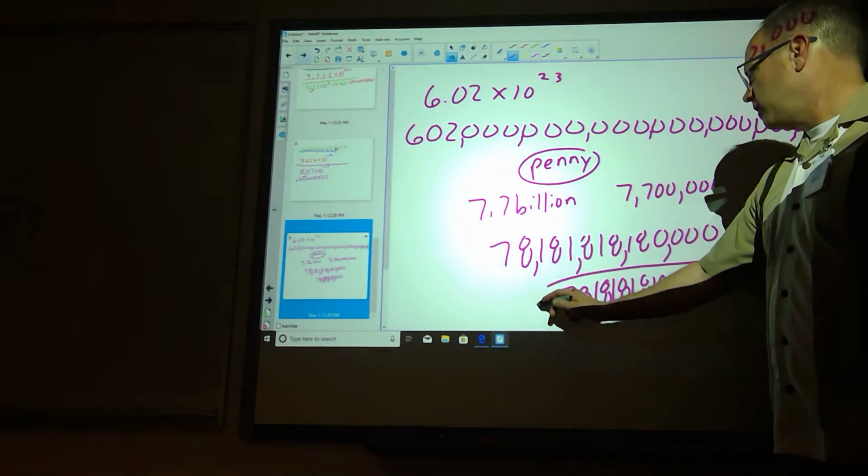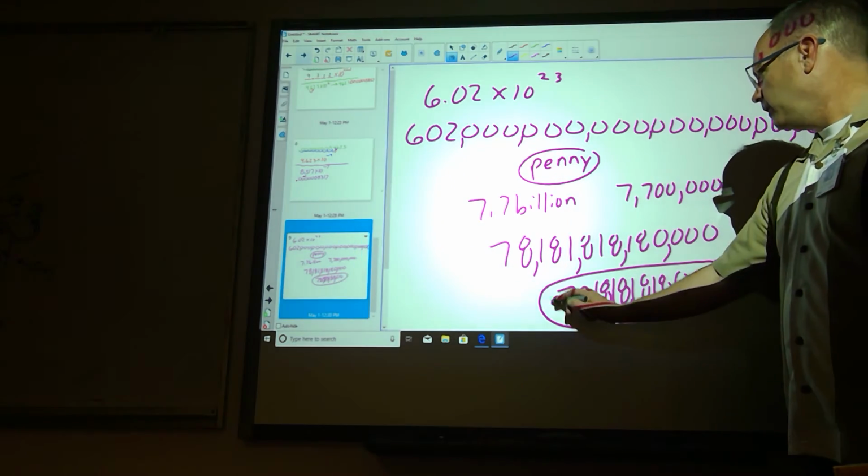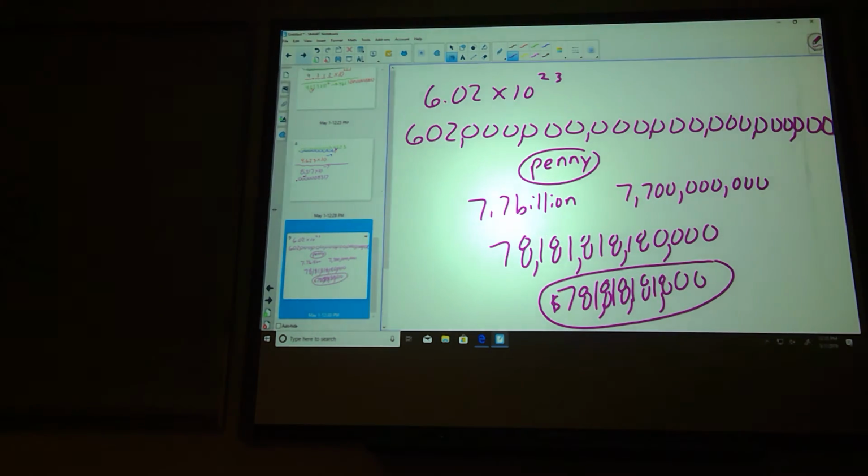So this would be how many dollars every person right now on the planet would have: 781,818,181,800. Anyone want to take a challenge on how much that would be that we could spend per day?